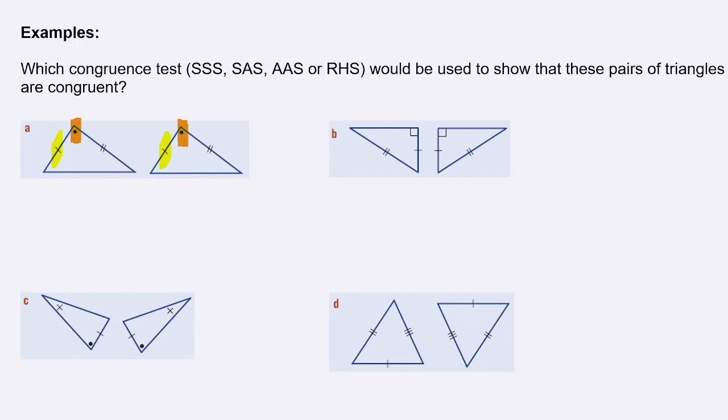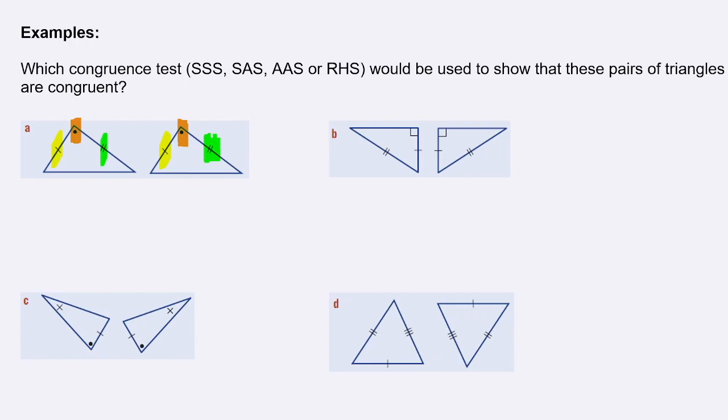And then if we look closely, these two sides are also matching. So we've got two sides and an angle, and we only have one test for that. The really good thing about this is that our angle is included in our sides. It is the angle formed by our sides.